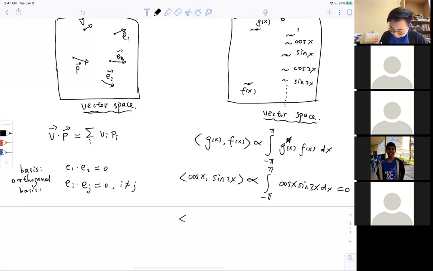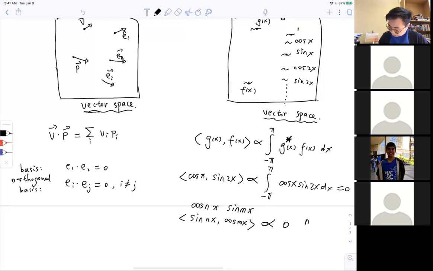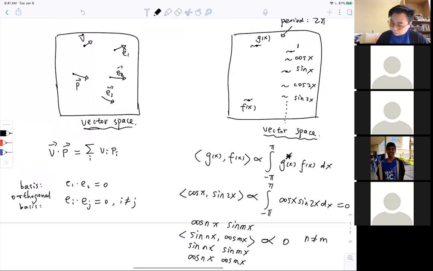Or in general, sine nx with cosine mx, or cosine nx with sine mx, stuff like that is 0, and sine nx with sine mx, and cosine nx with cosine mx are 0 if n is not equal to m. Basically, for all the bases, by the way, this constant one can be thought of as cosine 0x, right?